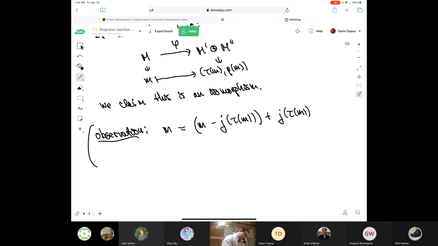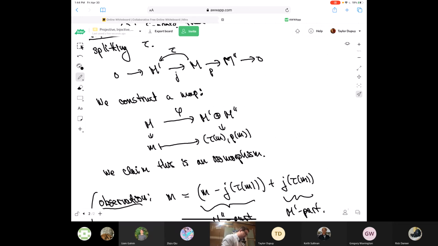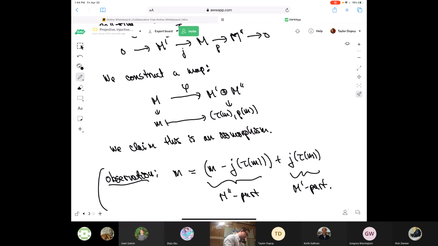This first part is the M prime prime part, and this part here is the M prime part. I find this useful, and you can do the exact same thing if you have a splitting on the other side. But this is how you decompose it. Let's go back to this proof.